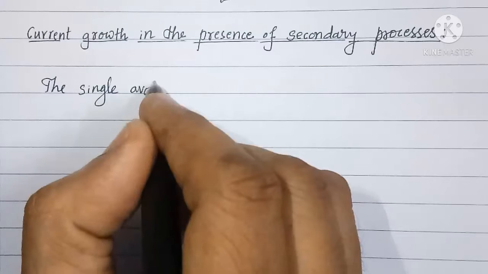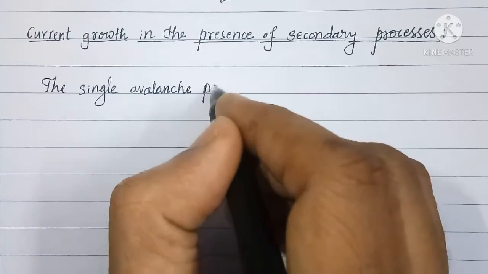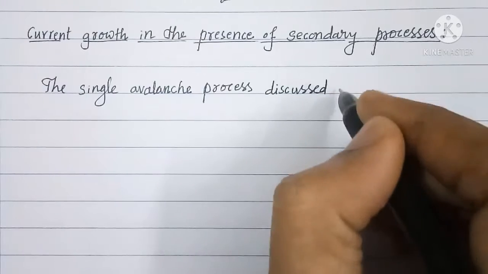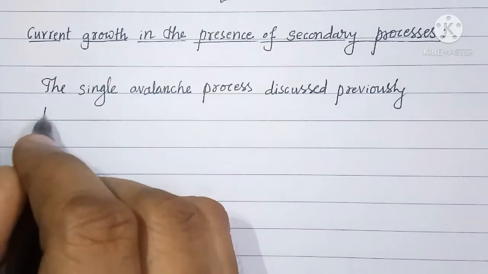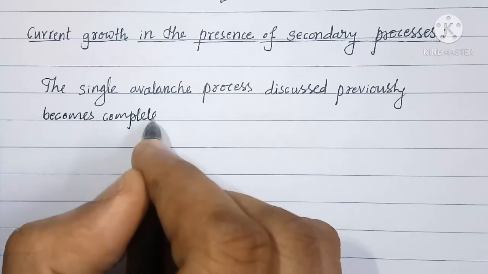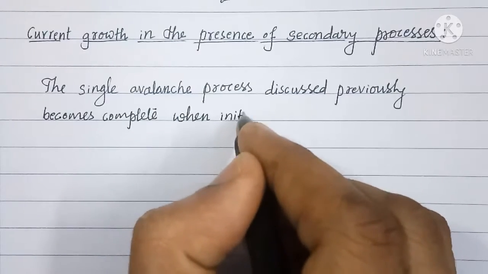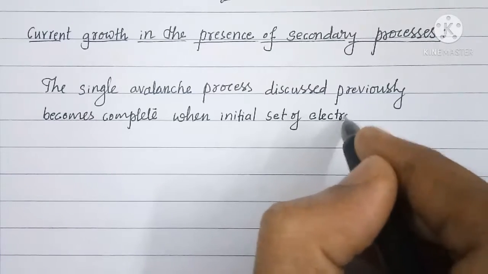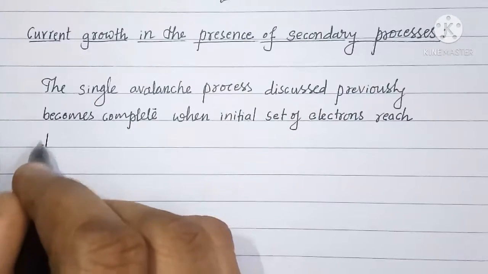The single avalanche process discussed previously becomes complete when initial set of electrons reach the anode.